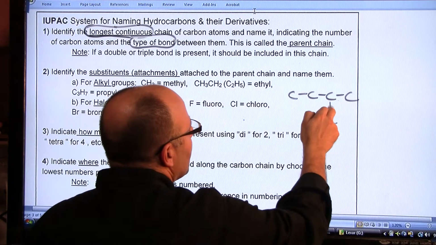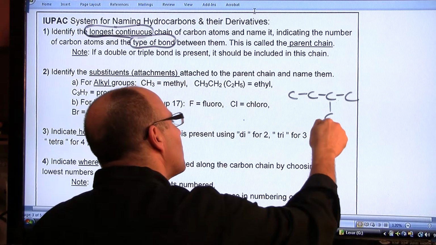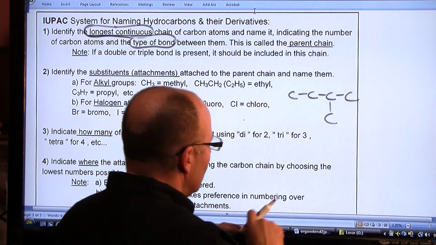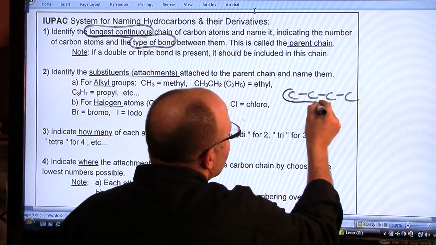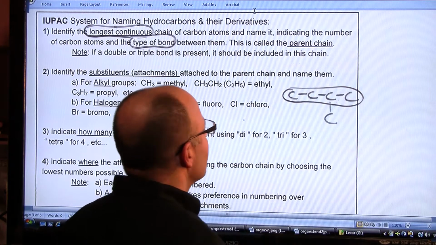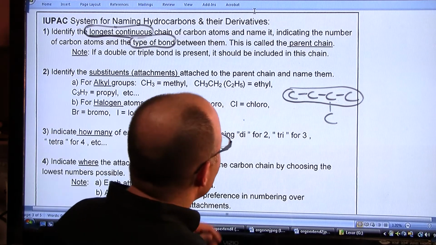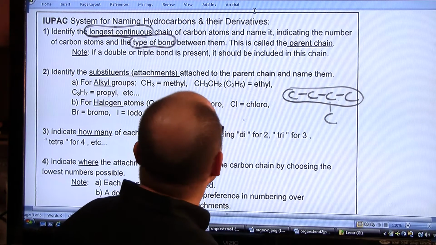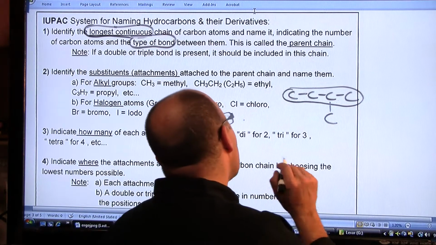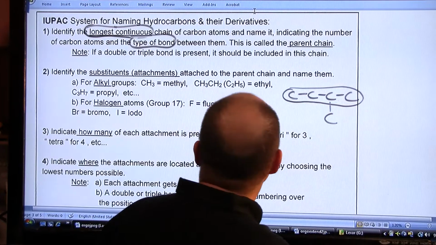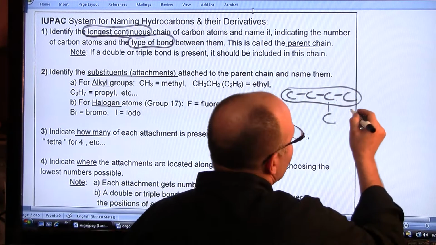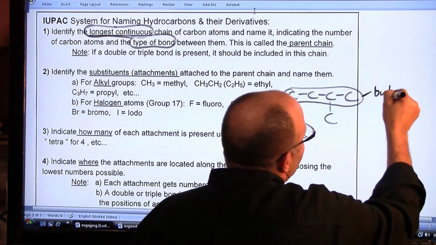No matter which way you go, the longest chain here is a 4-carbon chain, and we'll call that the parent on which everything else is attached. Since it's 4 carbons in a row with single bonds, the prefix is but and ane. So that would be our parent chain.